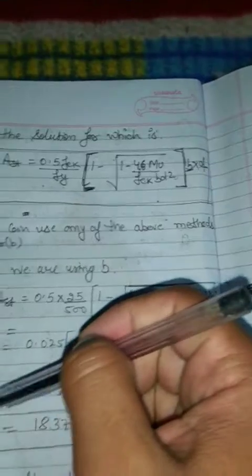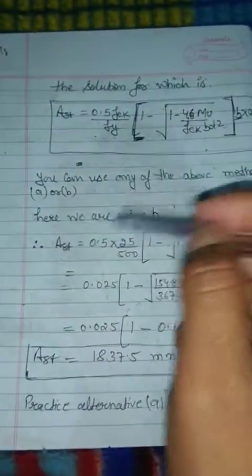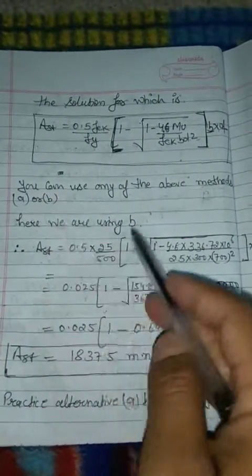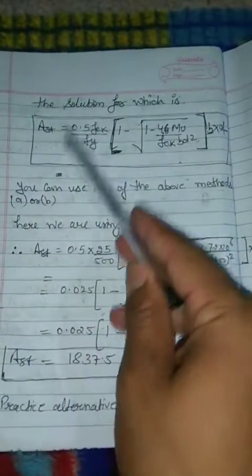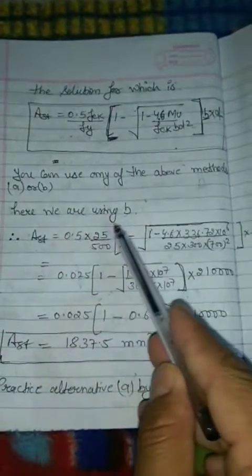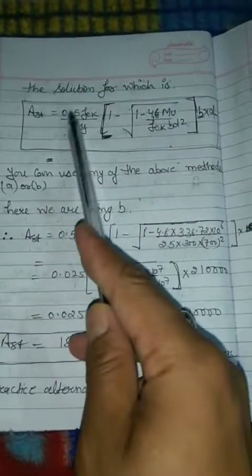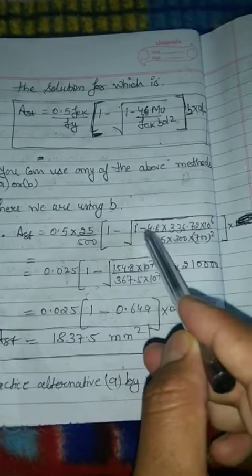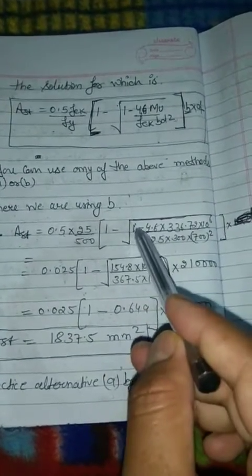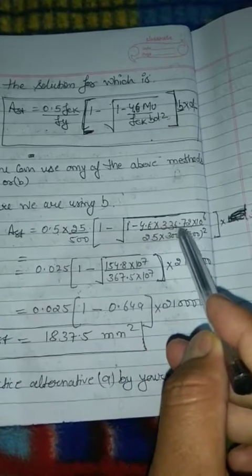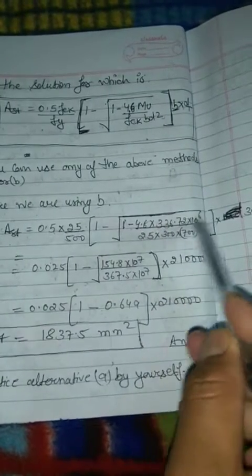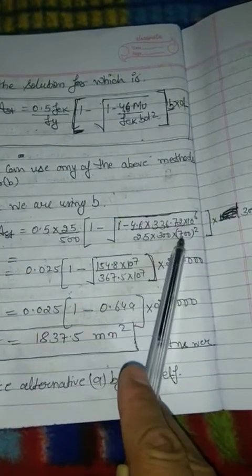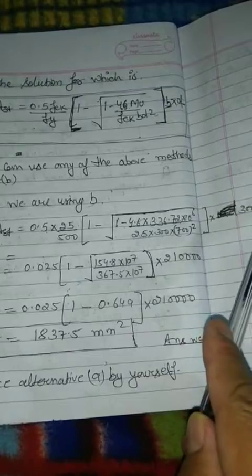From either of the formulas you can calculate the value of Ast. Here we are using this formula and putting the values: 0.5 fck over fy (1 minus root of 1 minus 4.6 into 336 into 72 into 10 to the power 6). This is your Mu, this is fck 25, this is b, and this is d.